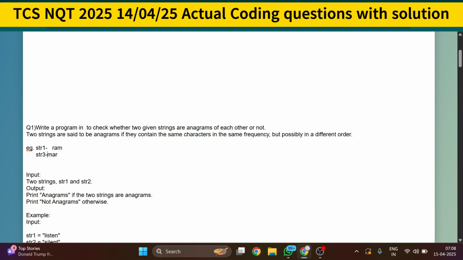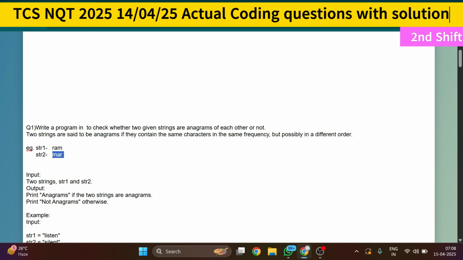These are two different strings, but you can see the count of every character is the same. In string 1 there is one R, and in string 2 there is also one R. In string 1 there is one A, and in string 2 there is also one A. And M is one, and similarly in string 2 M is one. So you can say the count of each character is the same, so that is called an anagram.